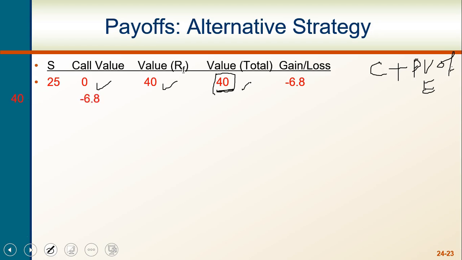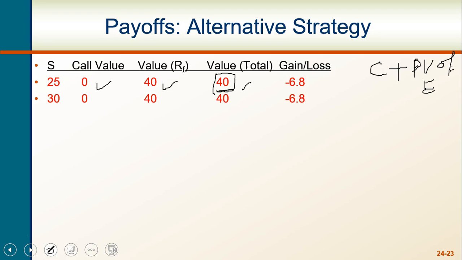Now, if you look at the next row where we have assumed a stock price of 30, you will realize that the call will still remain worthless, because if you perform the operation S minus E, it will work out to be 30 minus 40, that will be minus 10. So it will be 0 here, and the maturity value of the risk-free investment is $40. So the combined value is 0 plus 40 equals 40. And the gain or loss remains minus 6.8.